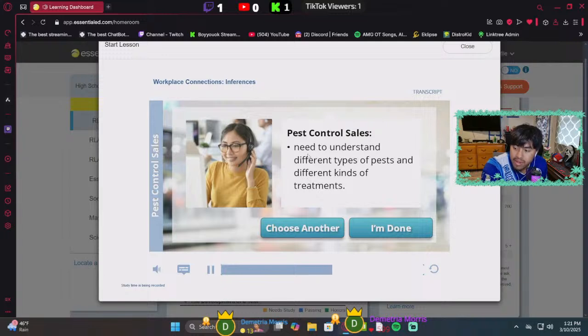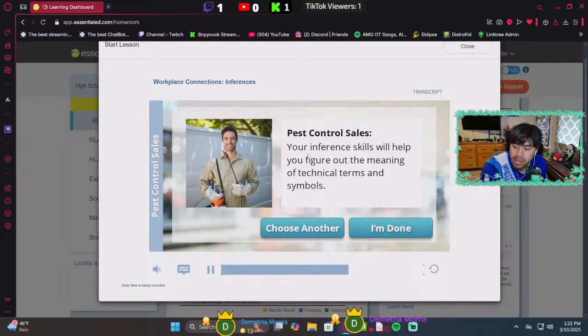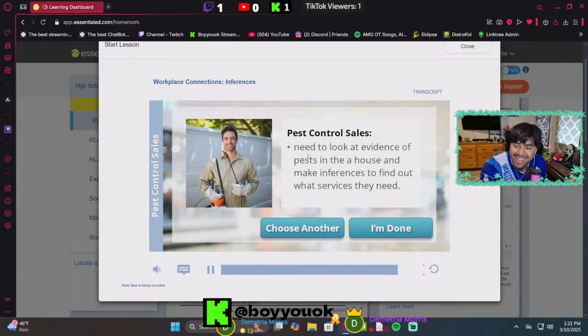That means reading and understanding texts. Your inference skills will help you figure out the meaning of technical terms and symbols, and also draw conclusions about when to use specific pest control systems. You might also use your inference skills when you're not reading. You will need to look at evidence of pests in the customer's house and make inferences to find out what services they need.